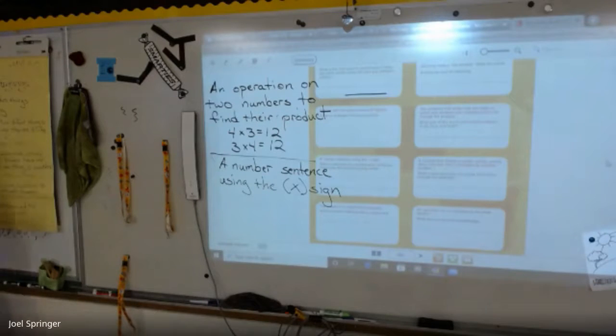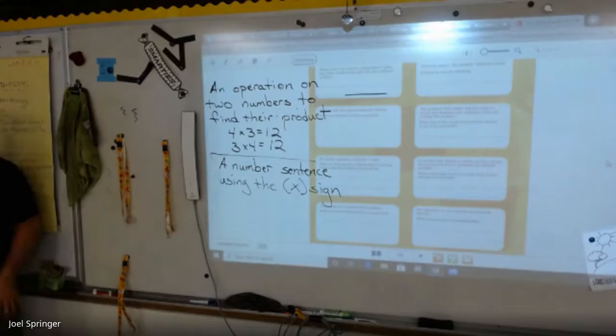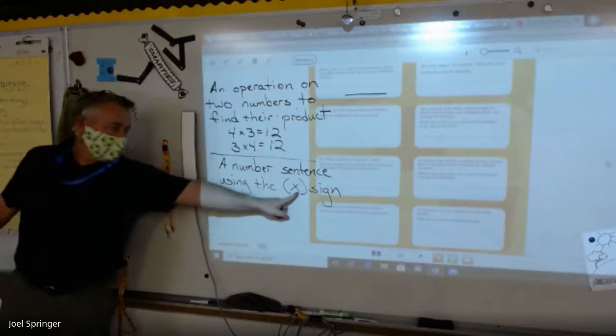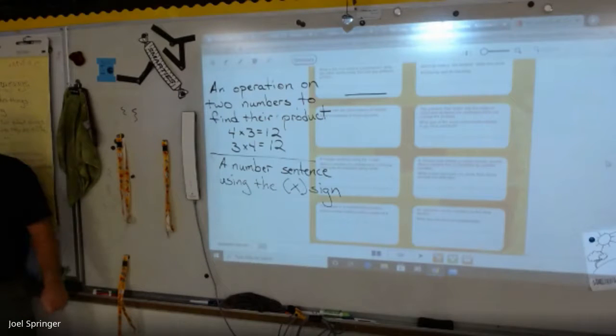So for a multiplication sentence, put down a number sentence using the sign, which is the multiplication sign.